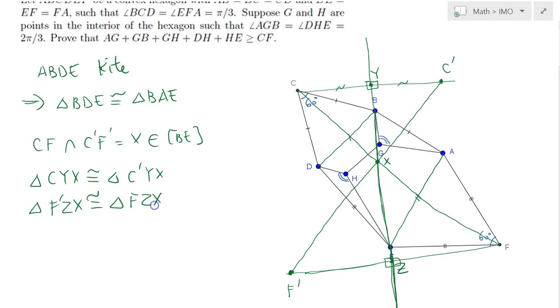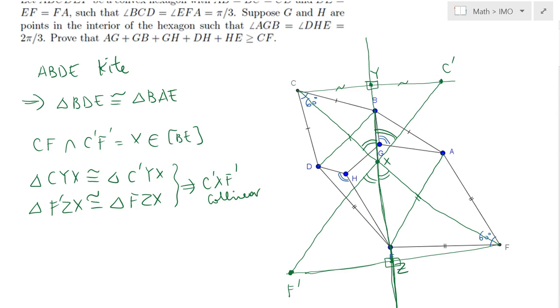As a result, CXF is collinear, implying that C prime X F prime will also be collinear. CXF being collinear means these two angles are vertical angles, and after reflection those angles will be preserved, and as a result C prime X F prime is collinear.